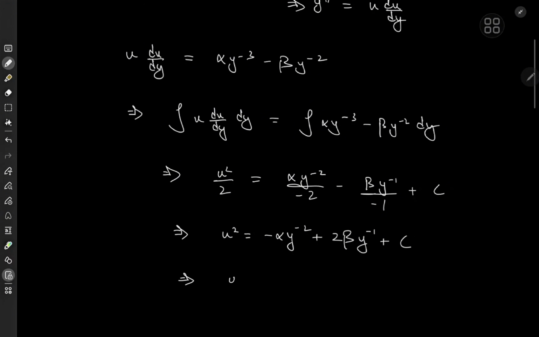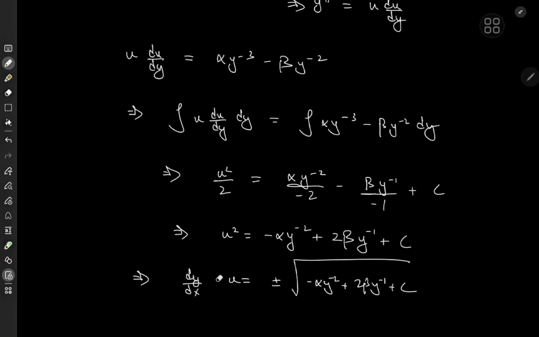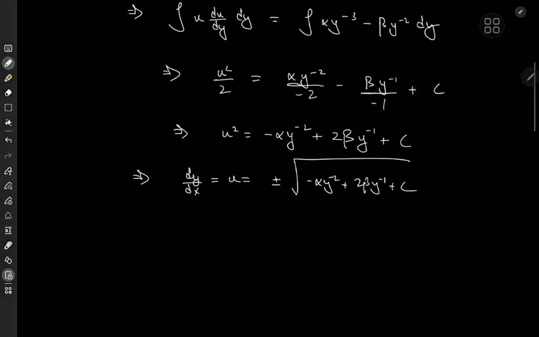Of course, we need to take square roots, so we have u here equal to plus or minus root of negative alpha y to the minus 2 plus 2 beta y to the minus 1 plus c, and of course we know that u is dy over dx.